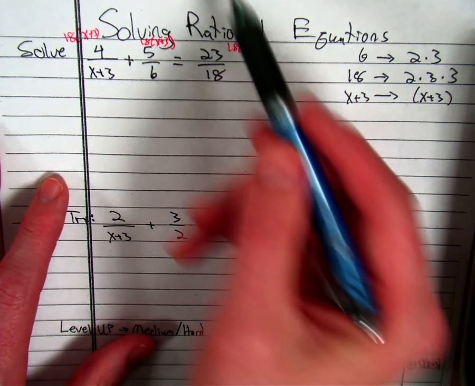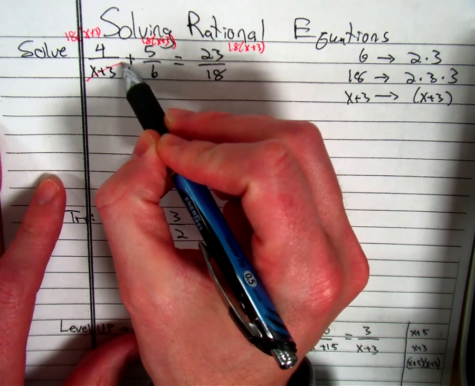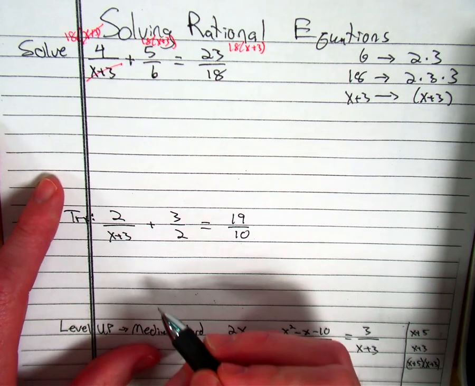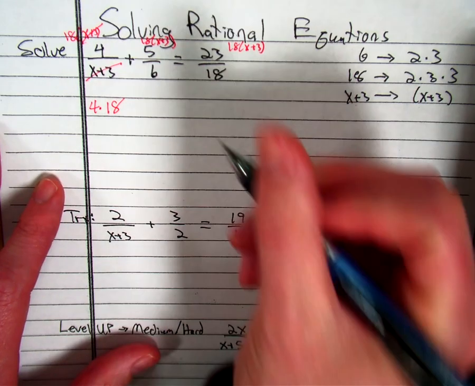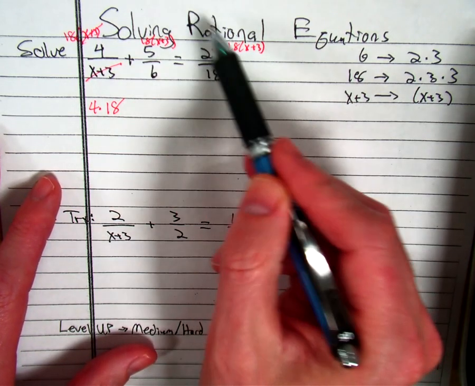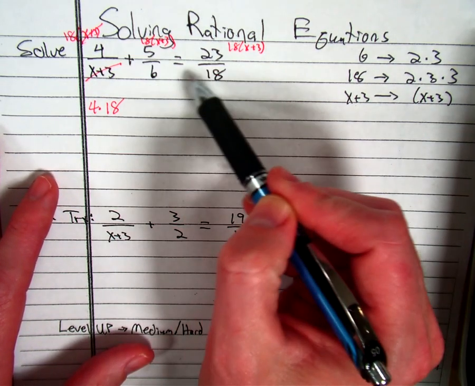Okay, with our first spot, the x plus 3's cancel out, and we have 4 times 18. The middle spot, we got a little bit of thinking here.